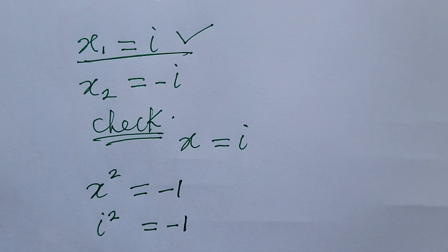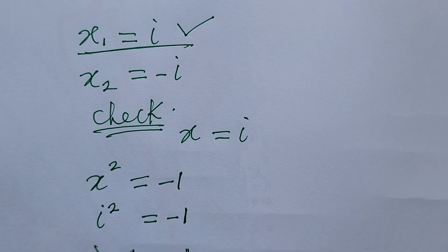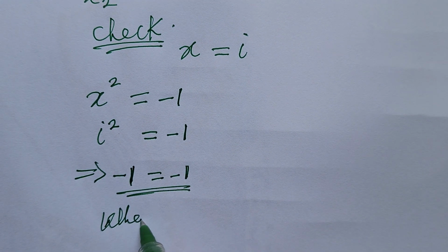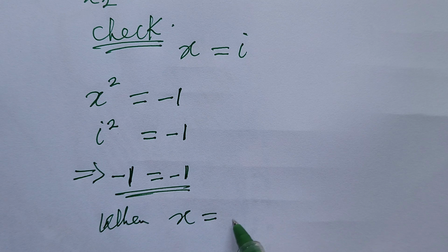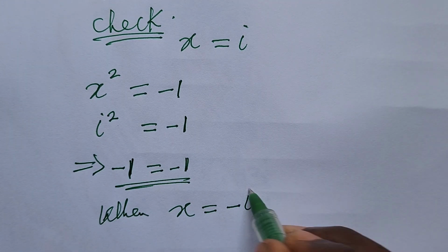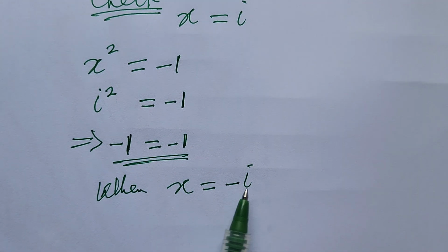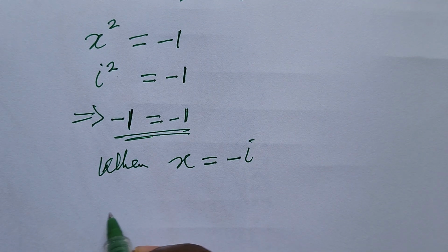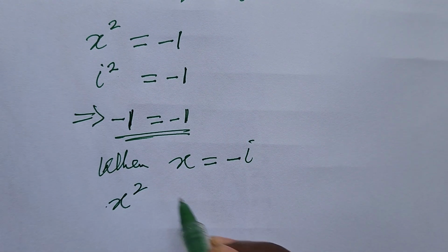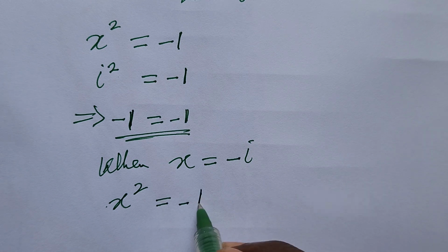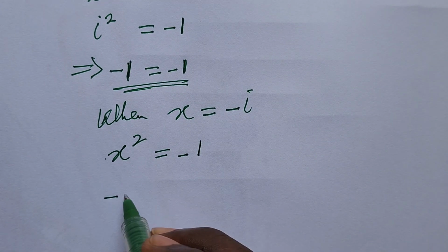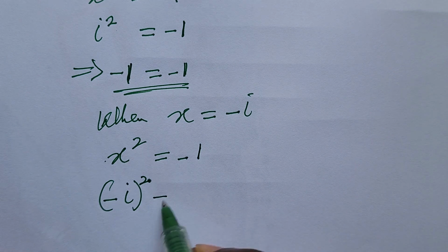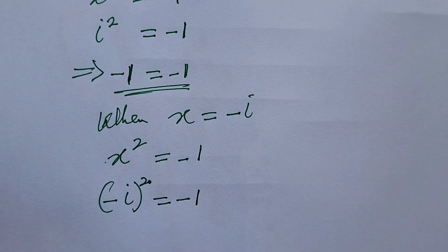Now let's check if the second root will satisfy the equation. So when x is equal to minus i, again, we put this value in. So we have x to the power of 2 equal to minus 1, so we now have minus i, all to the power of 2, equal to minus 1.